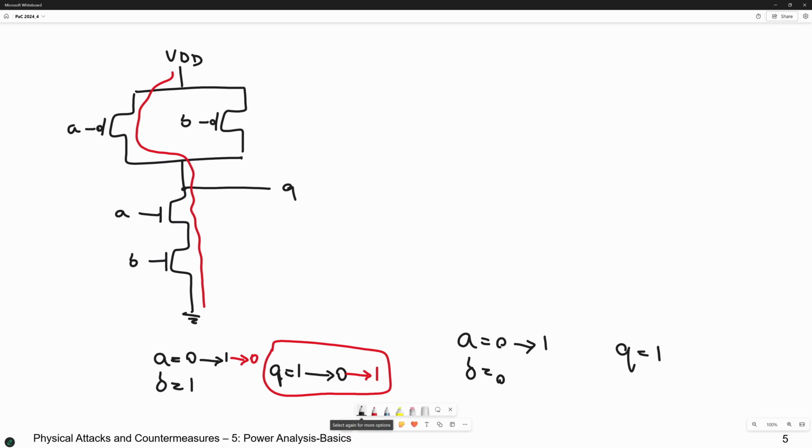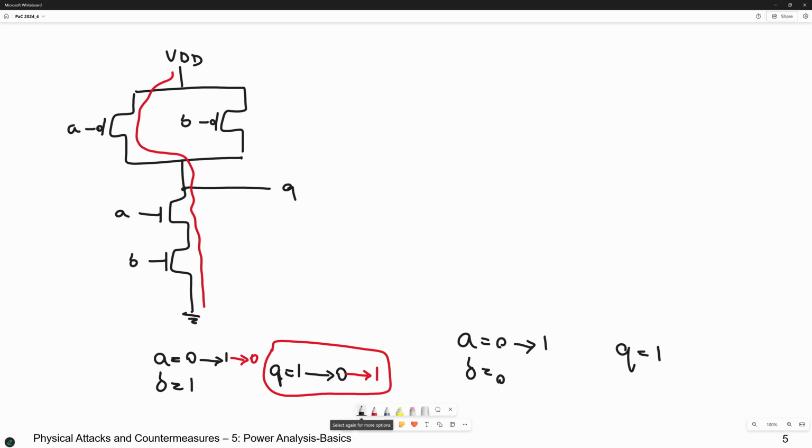Of course, A changed, and of course A comes from somewhere, and it may have some effects here, but we ignore it here. So the effect is super, super small. But of course, A comes from another gate, and if the output of that gate changes, it has its own contribution to the amount of power consumption. But this gate, since the output does not change, doesn't have any dynamic or switching power consumption.